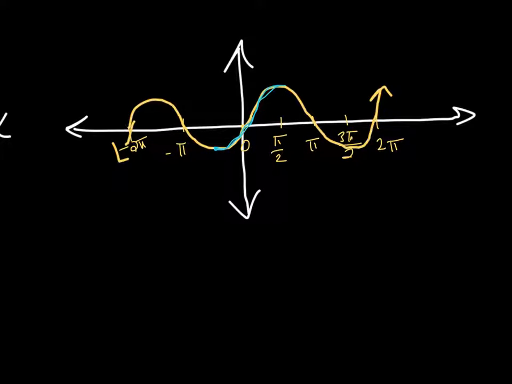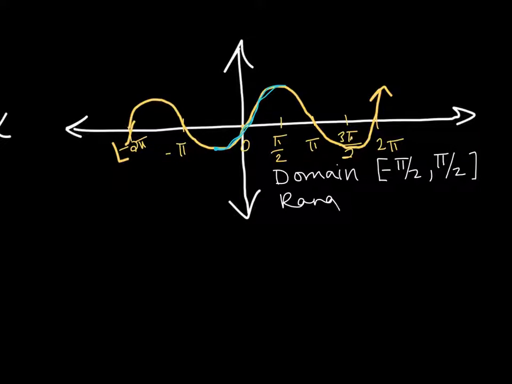So we throw the rest of it out. We take the domain to be from minus pi over 2 to pi over 2, and the range of the sine function to be from -1 to 1.